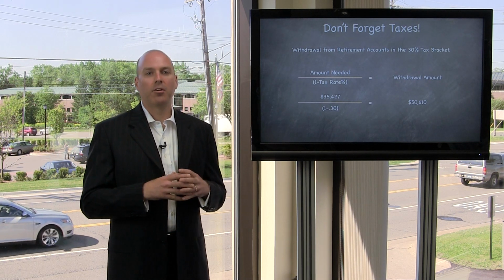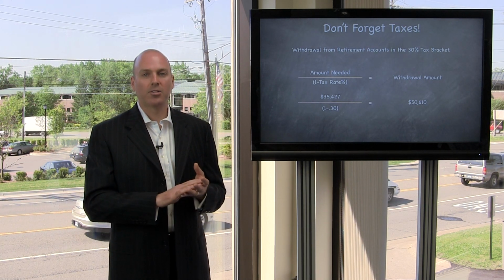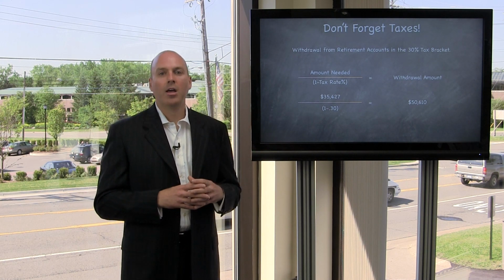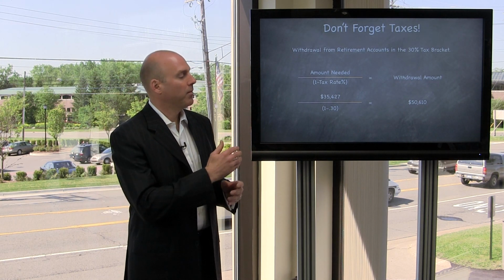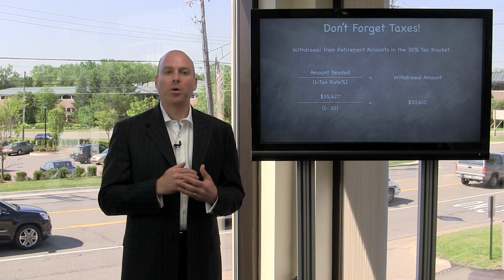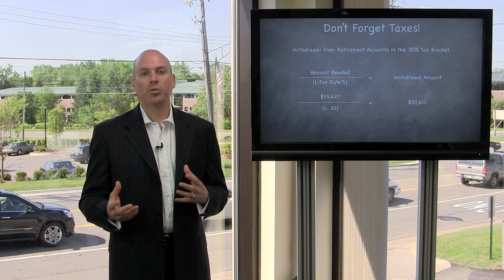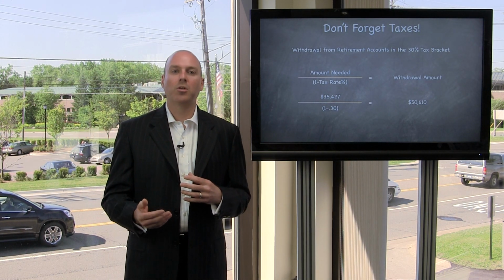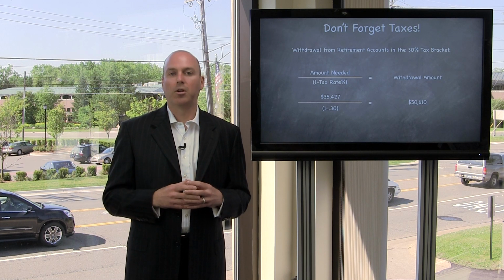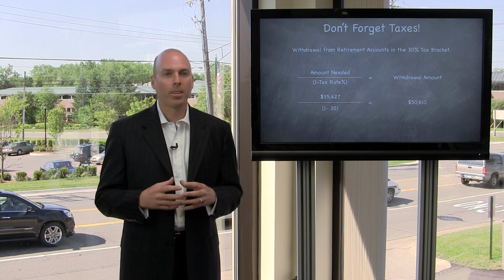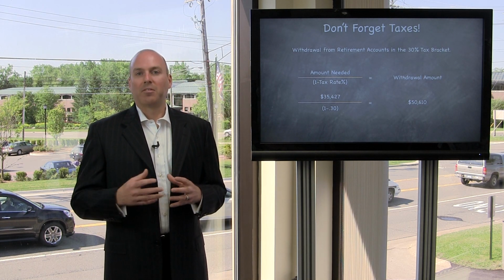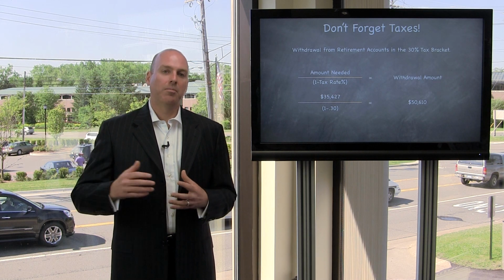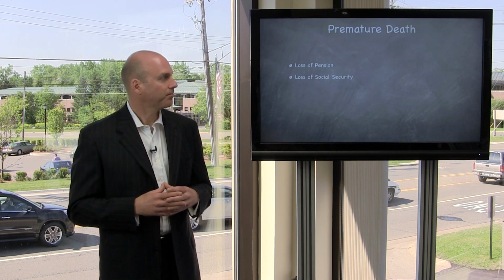If John and Sally have a 30% combined state and federal marginal tax rate, in this case, we would divide $35,000 by 1 minus 0.3, which is 0.7, which means they would actually have to withdraw $50,610 from their retirement accounts in order to net them $35,427 after taxes. Now their withdrawal rate is up to 5%, well above the 3.8% sustainable withdrawal rate.